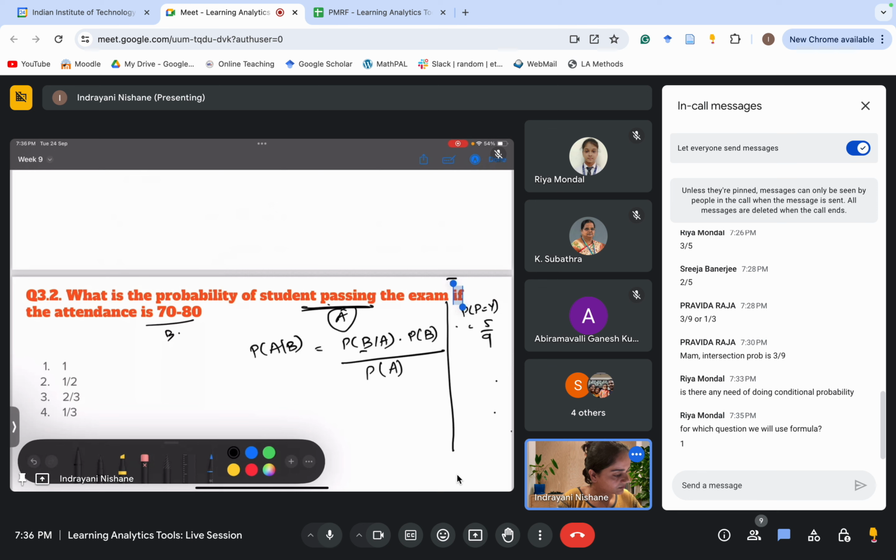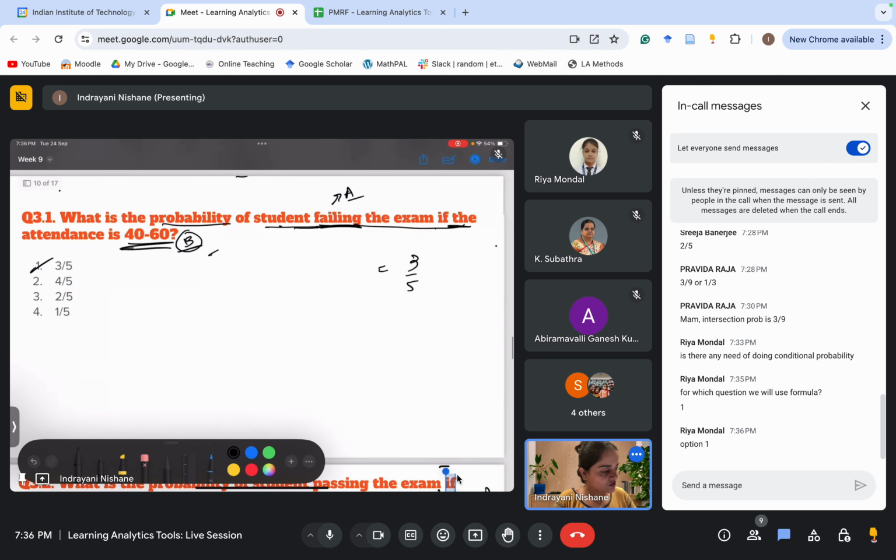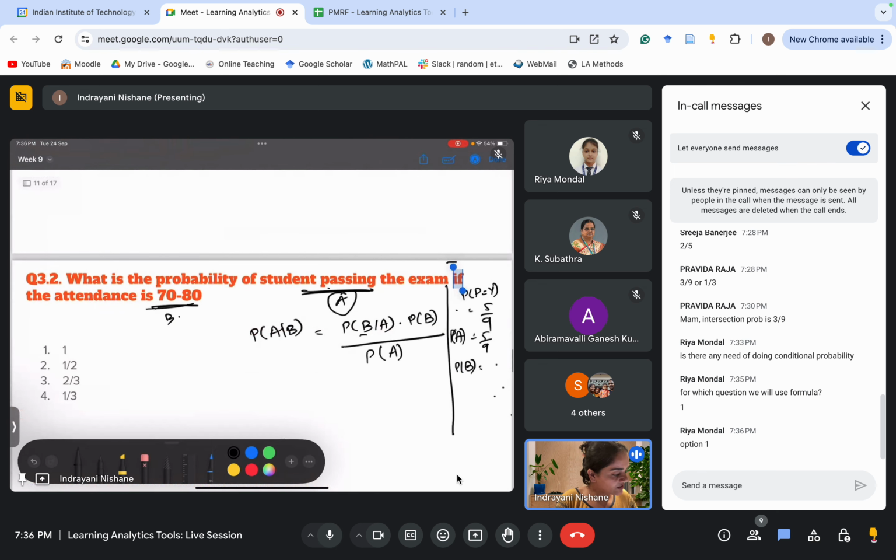So probability of A is 5 out of 9. Now probability of B is for attendance between 70 to 80. Only 1 out of 9 students has attendance between 70 to 80.